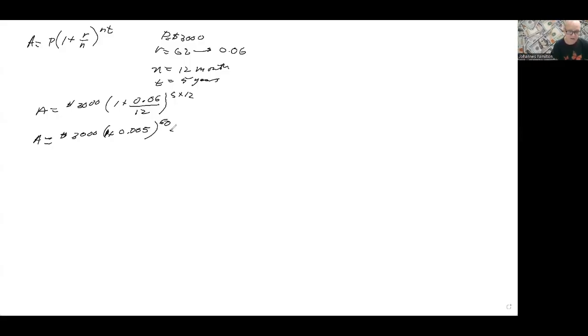And then we add that inside the bracket to get 3,000 times 1.005 to the 60th power.